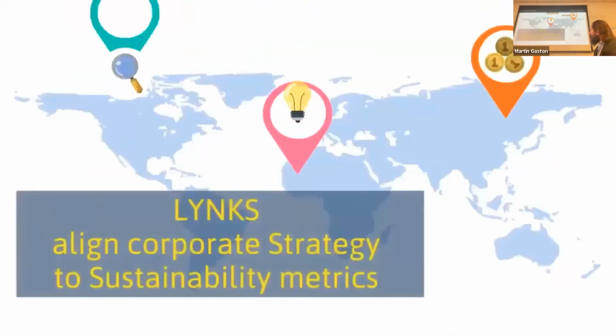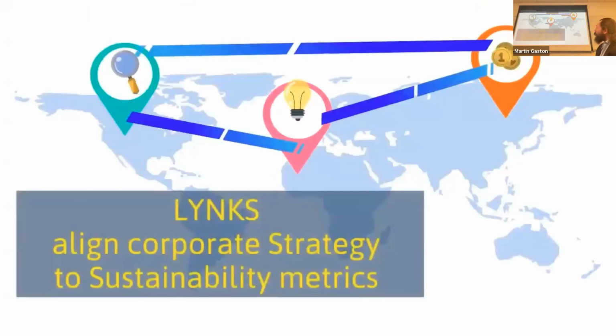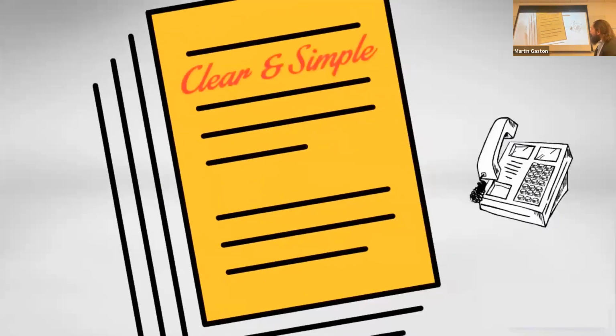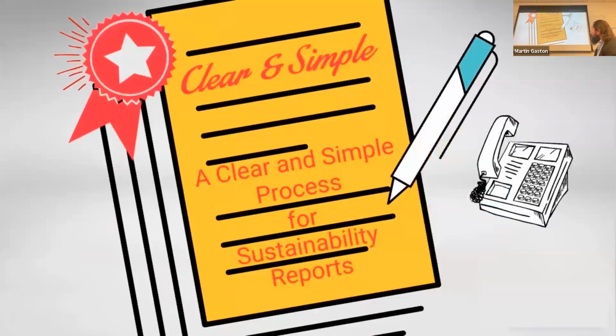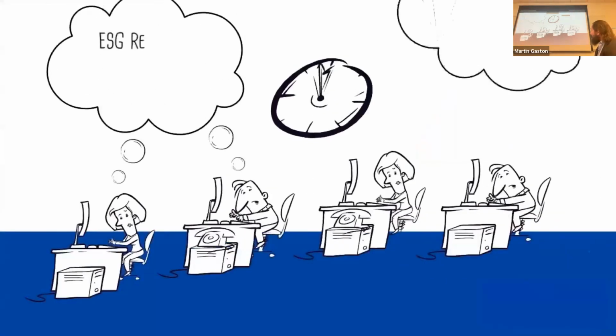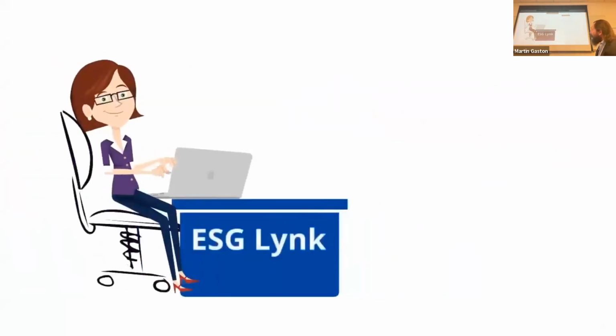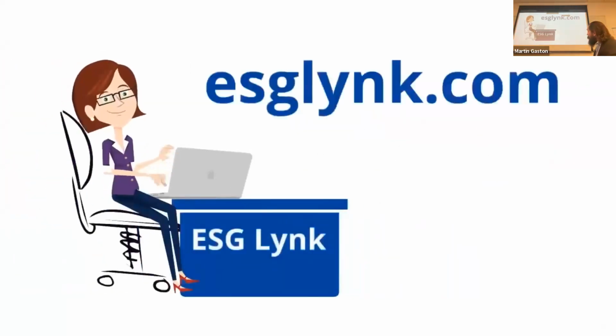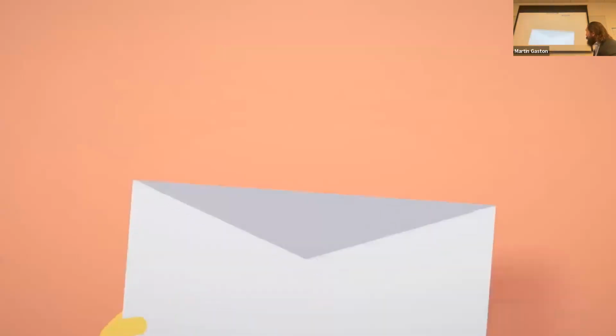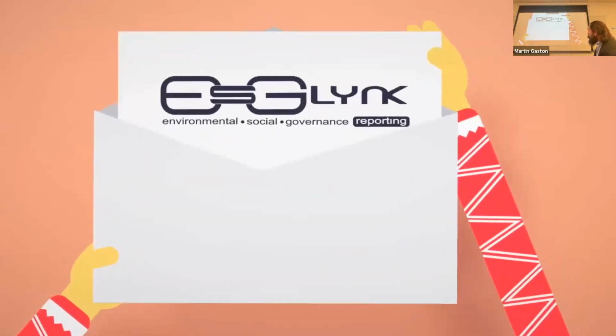ESG Link reports align corporate strategy to sustainability metrics. ESG Link provides a clear and simple process for a company's sustainability reporting. ESG Link provides sustainability reporting services at a fraction of the cost of full-time employees. Find out more by visiting us online at esglink.com. Get your company's ESG linked today.